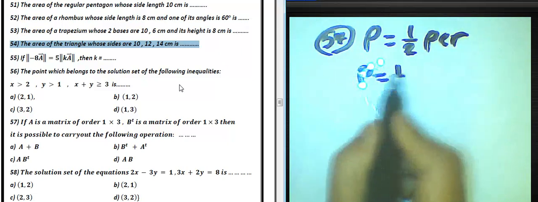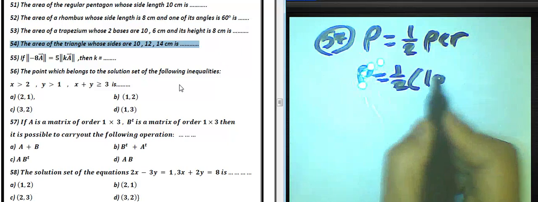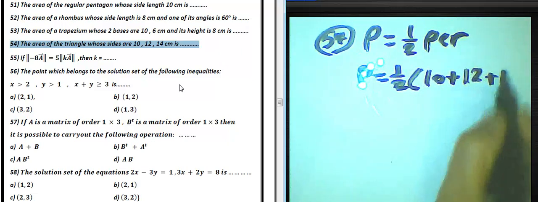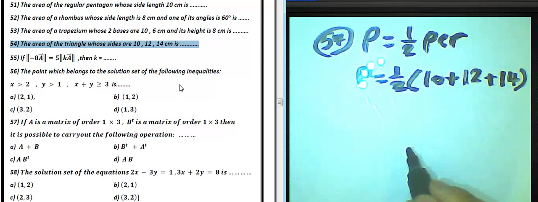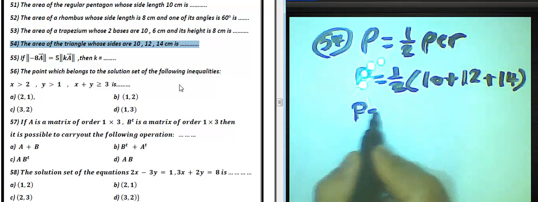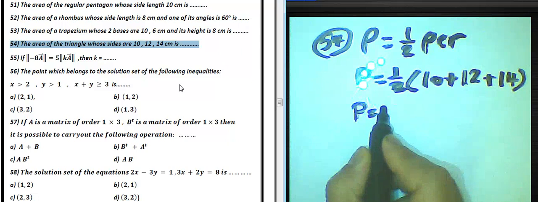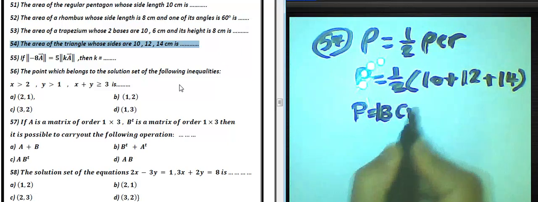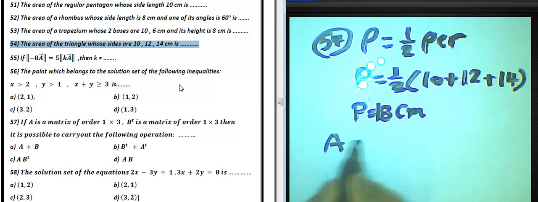B will be equal to half multiplied by the sum of all sides, 10 plus 12 plus 14. Then B equals what? 18 centimeters. Then you can find the area.